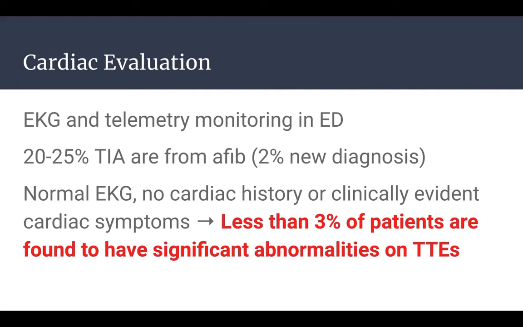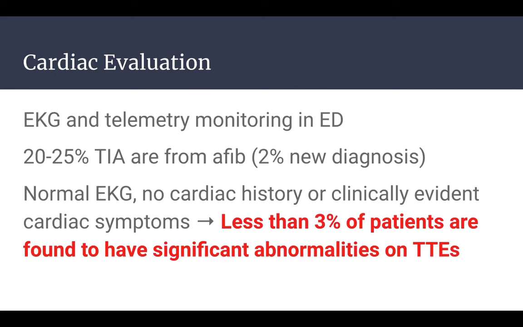So as I said, the patients that stay in the hospital are placed on telemetry to look for transient arrhythmias. About 20 to 25% of all TIAs are caused by atrial fibrillation and atrial clots. About 2% of patients that are kept in the hospital with TIA have a new diagnosis of atrial fibrillation.